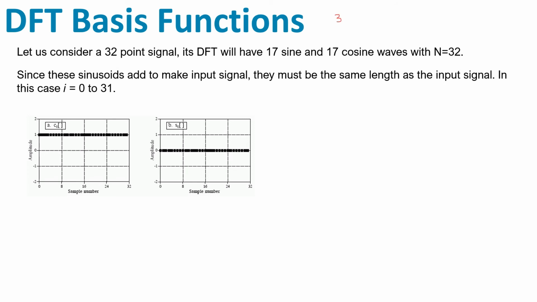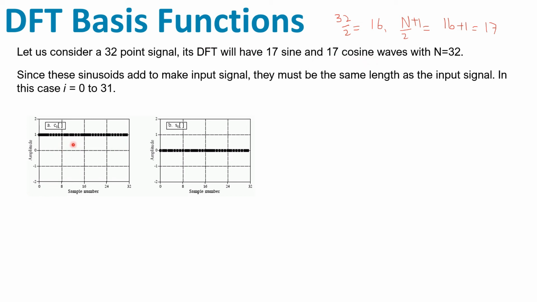N over 2 is 32 divided by 2, which equals 16, and n over 2 plus 1 equals 16 plus 1, which is 17. So its DFT will consist of 17 sine and 17 cosine waves, and each of these will have 32 points. So the 32 point signal can be decomposed into 17 sine and 17 cosine waves like this one.